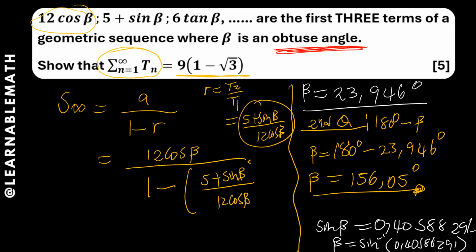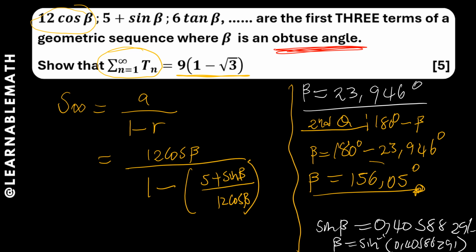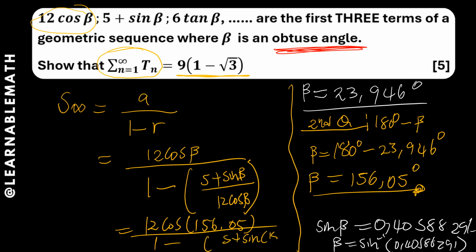Now we can go and substitute our beta, because we know our beta is 156.05. So we say 12 cos 156.05 divided by 1 minus, where there is beta I'm just substituting that, 5 plus sine 156.05 divided by 12 cos 156.05.